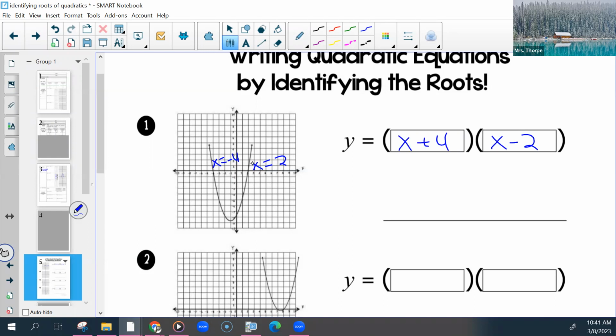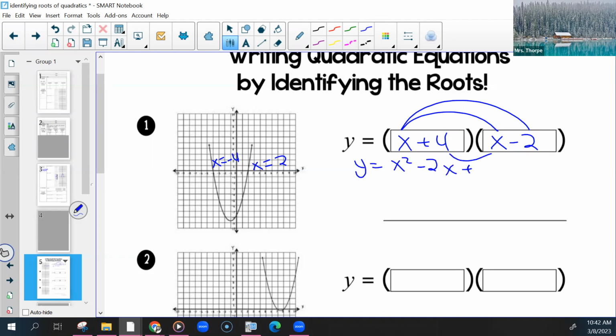So then you could do a couple different things with this. One, if you wanted to see what the actual equation is, you could multiply these out. So we'll do that really quickly. This would give us x squared minus 2x plus 4x minus 8.